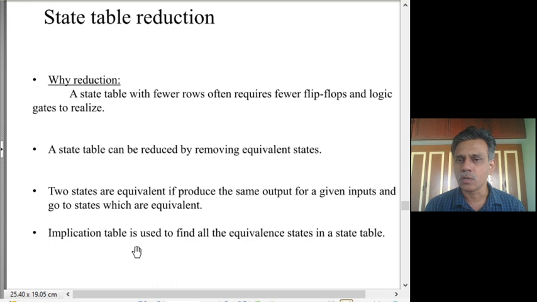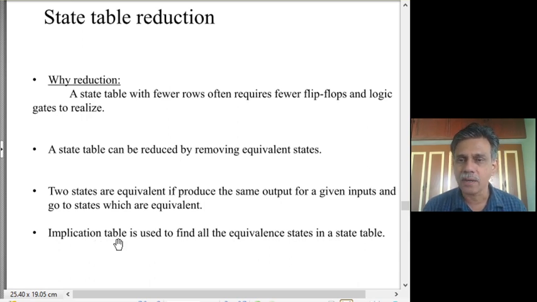So it takes every possible pair of states and finds out under what condition they can be equivalent. And then it checks whether the condition can be satisfied or not. In this way, it discovers states which are equivalent. So that technique is called the implication table.